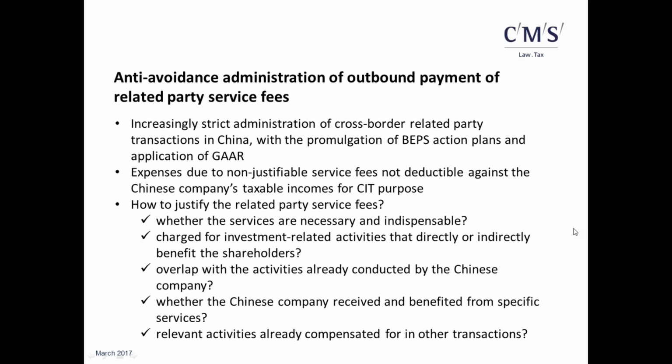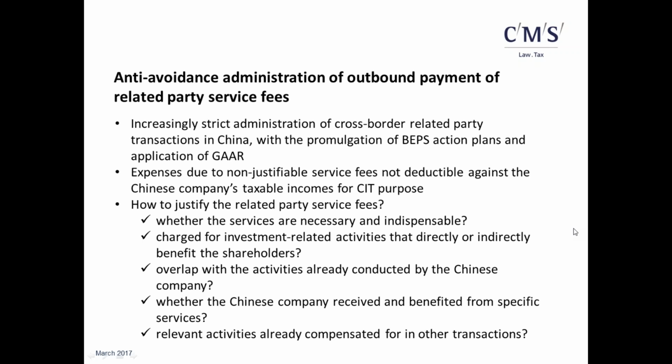At the same time, the foreign holding company also provides the bidding advisory service to the Chinese company. So these two activities are overlapping with each other. Under such a circumstance, the service charges charged by the foreign holding company to the PRC enterprise will also be deemed as unreasonable.